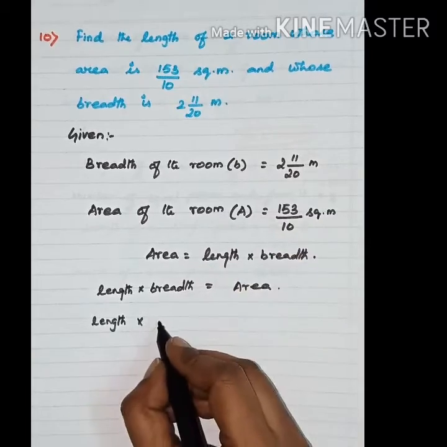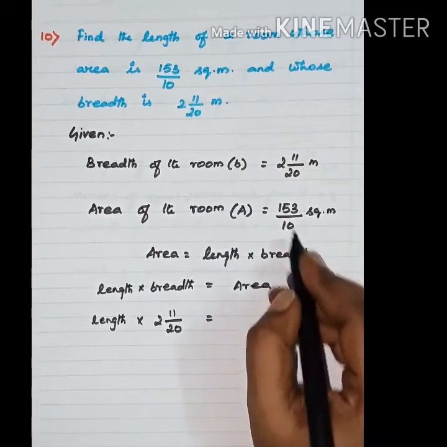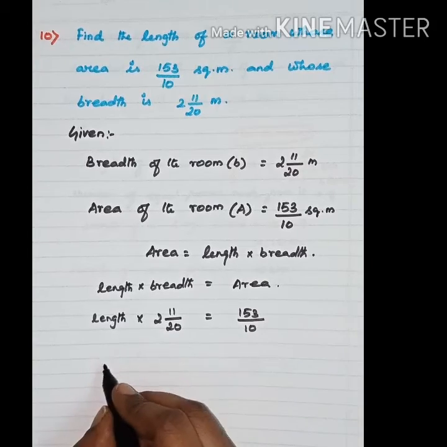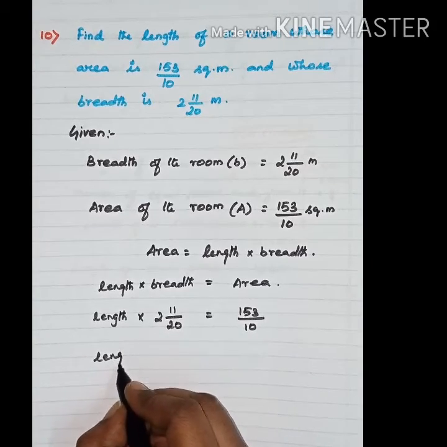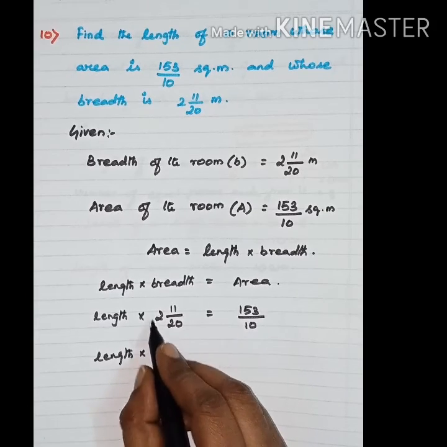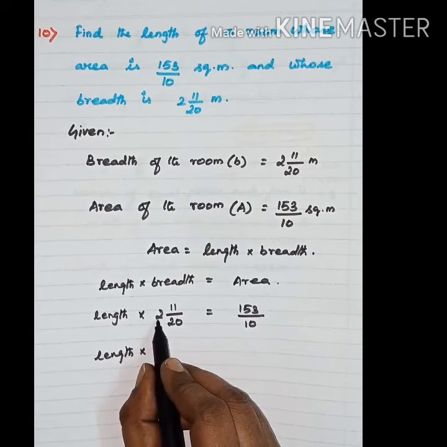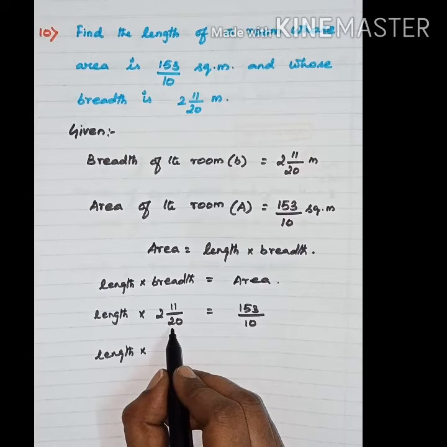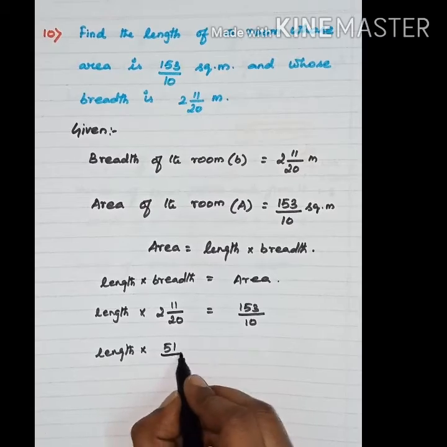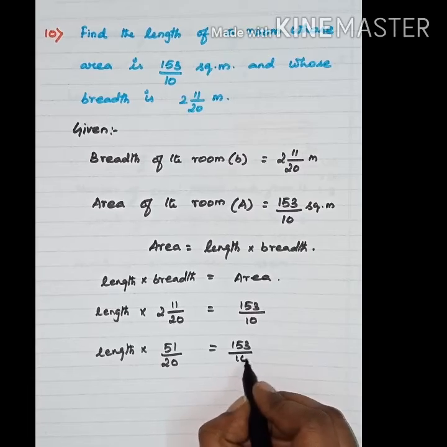Length into 2 1/20, which is in the form of mixed fraction. Change it into improper. 2 into 20 is equal to 40. 40 plus 1 is 41, which is equal to 153 by 10.